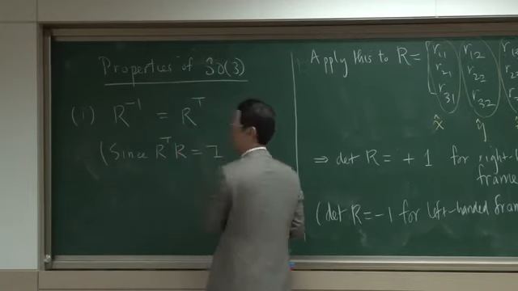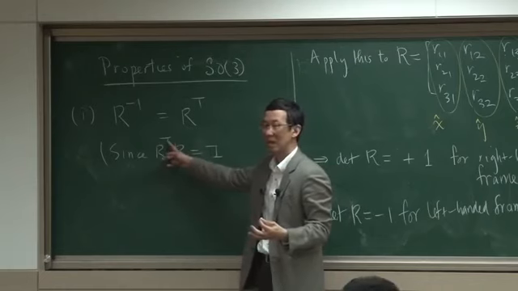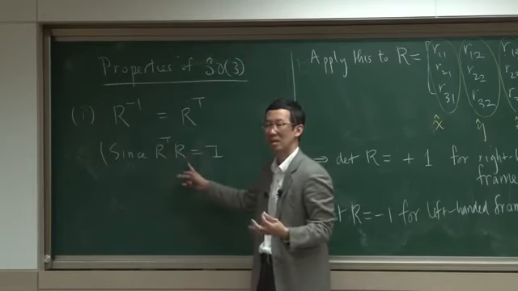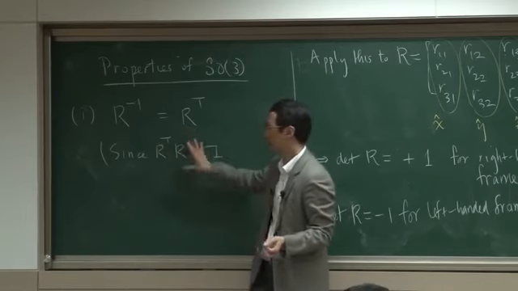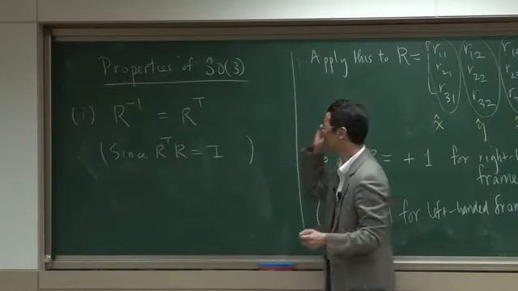Since from the definition R transpose R equals I, R transpose has to be R inverse. And this is a square matrix, so it follows immediately from the definition.